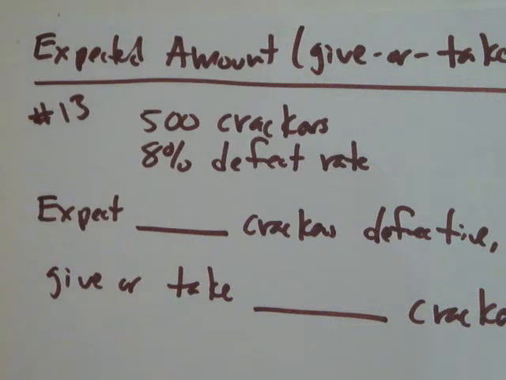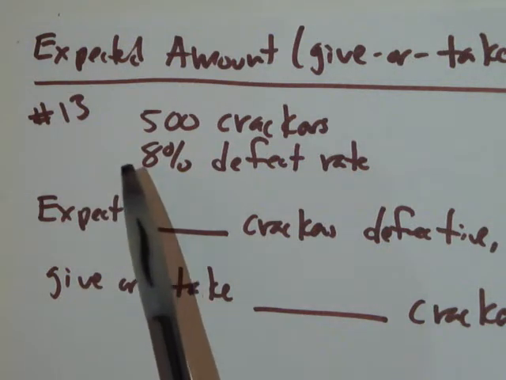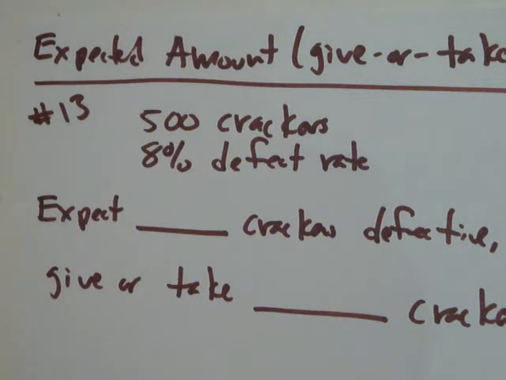The inspector came by and picked out 500 random crackers that were made that day, and we want to see, if they have a defect rate of 8%, how many crackers in that sample would we expect to be messed up, and give or take how many. It's not going to be exactly that 8%.